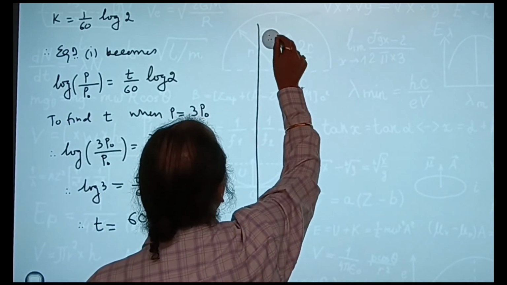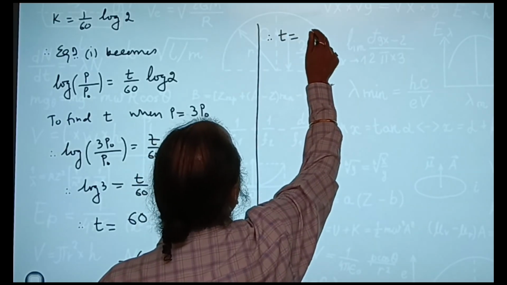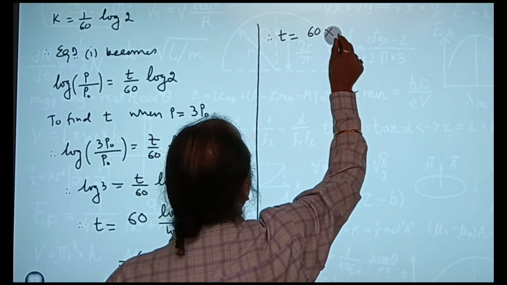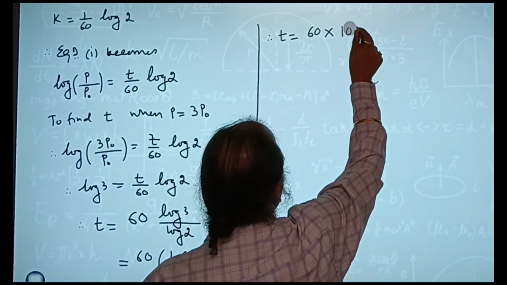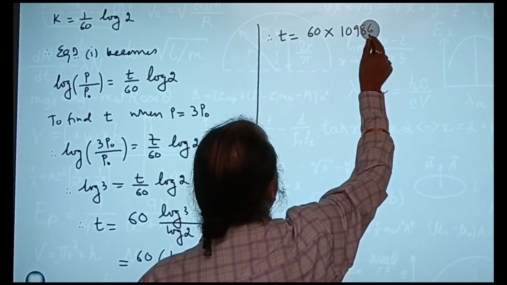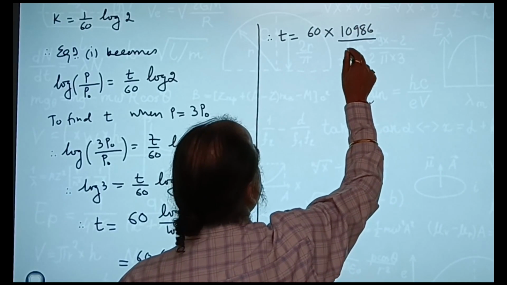Therefore, t will become 60 into 1.0986 upon 0.6912.